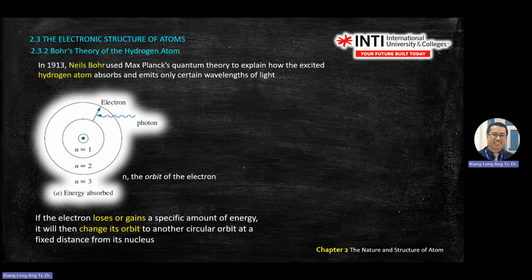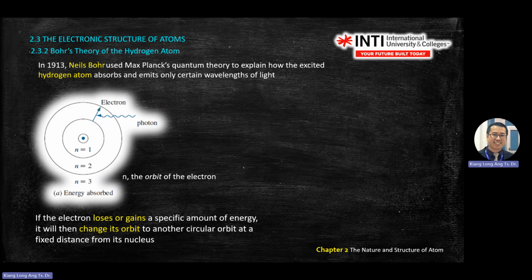Based on this Bohr's model, you have a nucleus inside. This is the nucleus. Then this is orbit number 1, orbit number 2, orbit number 3. You know that the electron is the one that can move from orbit to orbit while the nucleus stays.